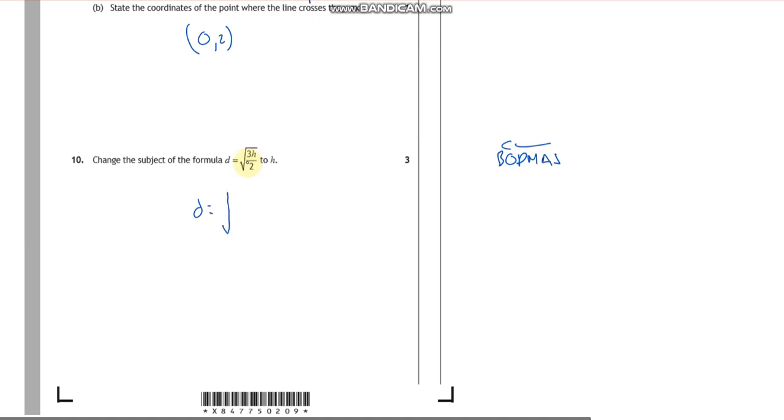This is a case where you have to remember the 3h over 2 is in a bracket. Now, because it's in a bracket, I have to do my order first. The order is this, because I can rewrite that as 3h over 2 to the half. Okay, there's like a little 2 in there we don't write. That becomes a half. Okay, so you're doing your order, then you're able to get into the bracket.